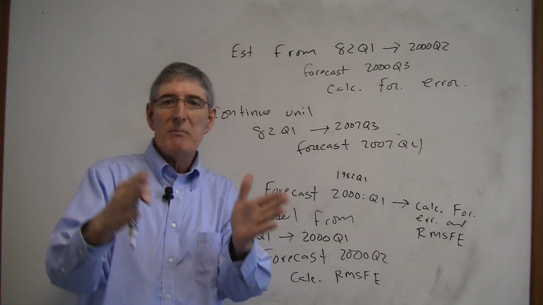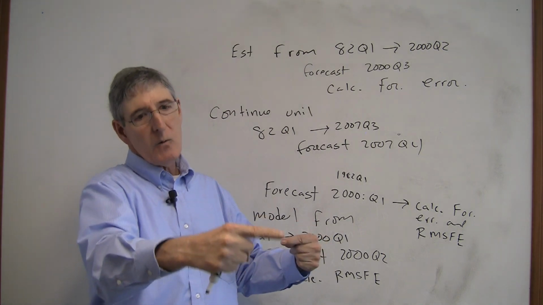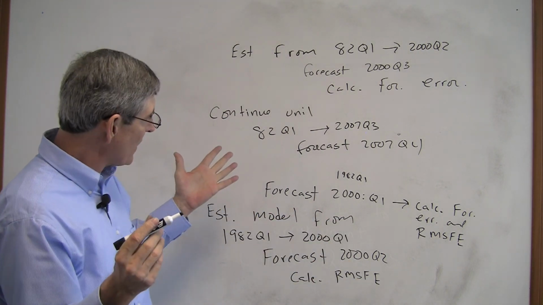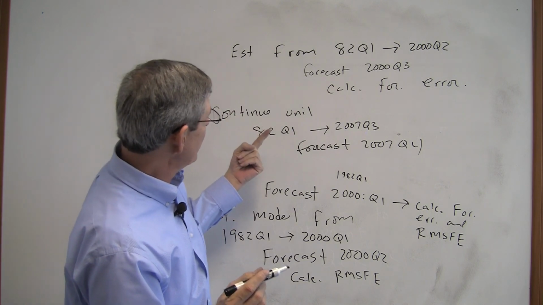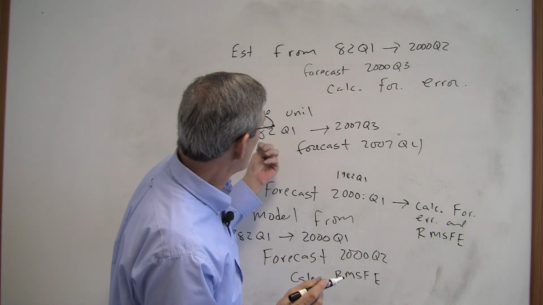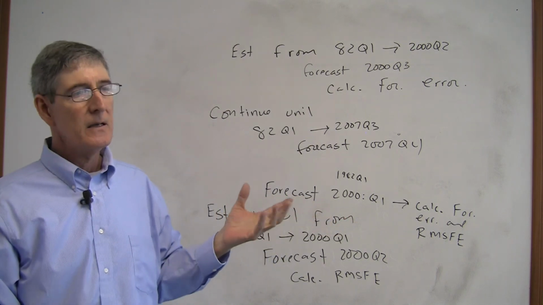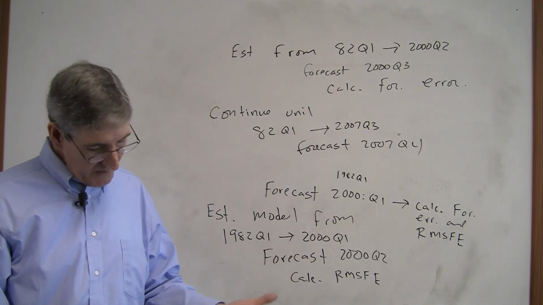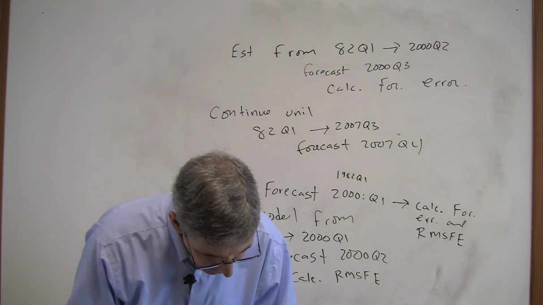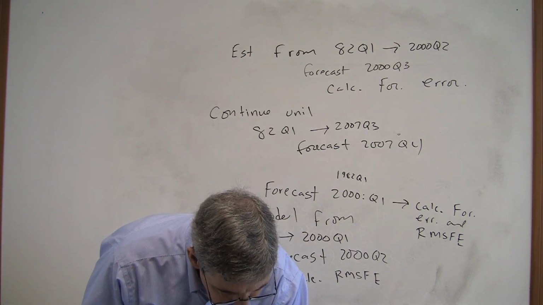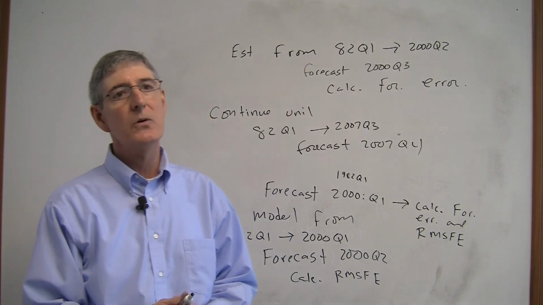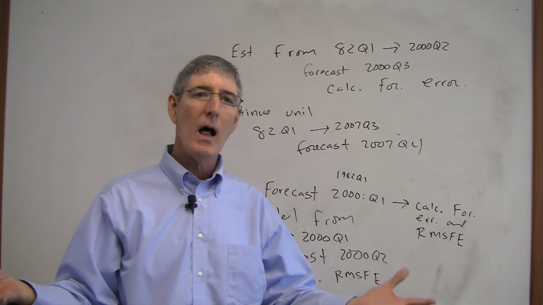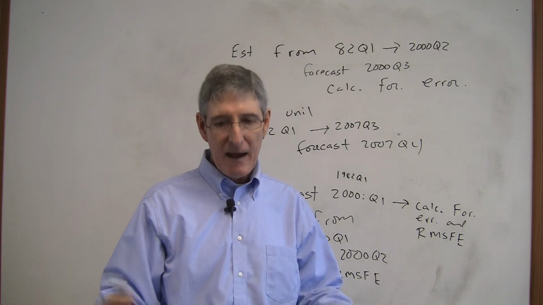So you just keep doing these one step, you keep adding one to your sample and forecasting one ahead. So you'd have a whole bunch of these forecasts. You'd have, what, 8 years by 4 quarters. You'd have 32 forecasts. You could then look at the average root mean square forecasting error for those 32 forecasts, and that would give you sort of, here's how well the model forecasts on average.